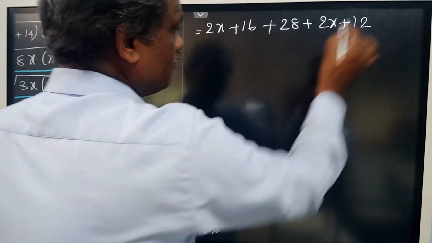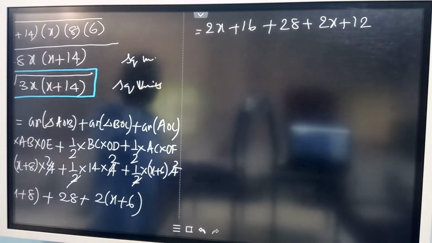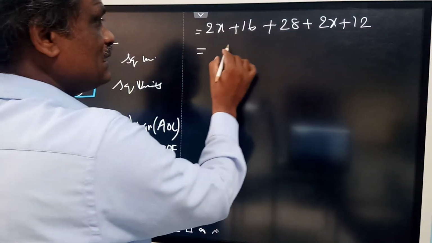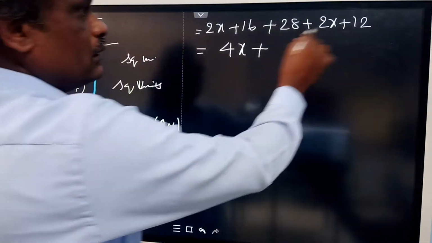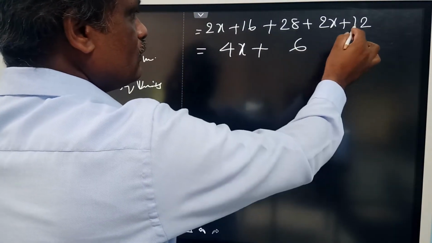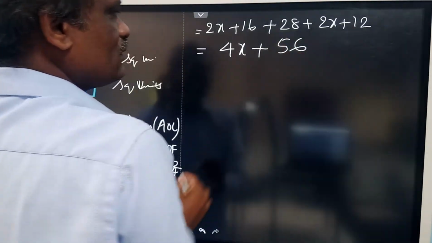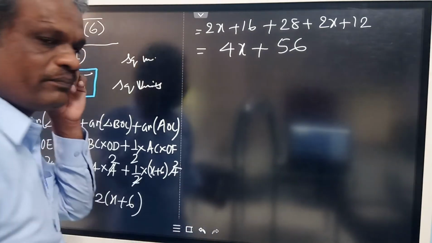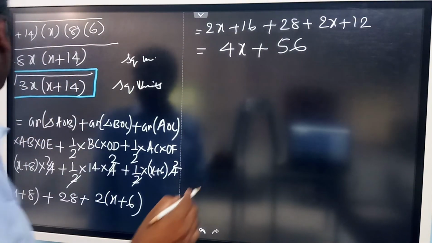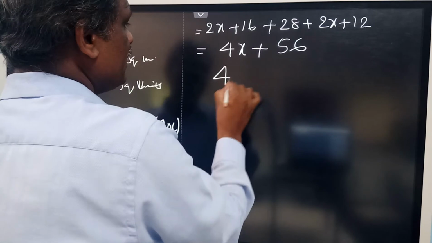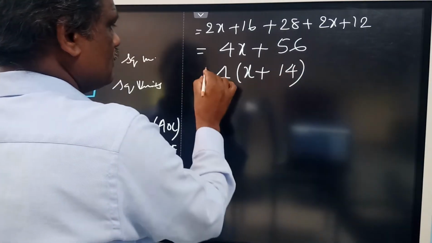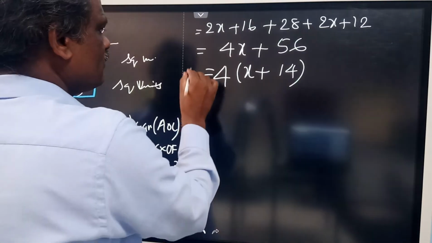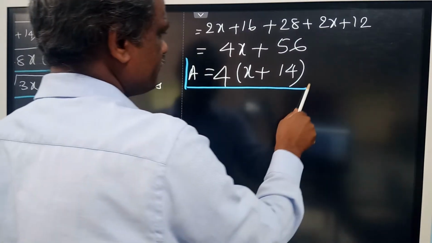Now if you add all this, you will get 4x plus 56. So this is the area. Now we can take common also, 4 into x plus 14. So this is the area of triangle ABC.